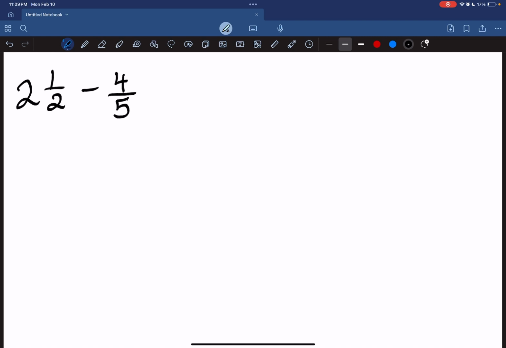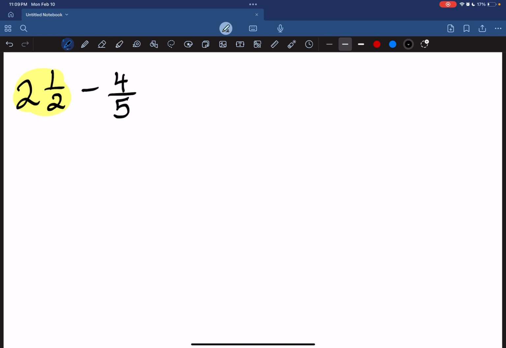If you realize clearly, I have a mixed number and a proper fraction. What I need to do is change our mixed number. Any mixed number that you see, change it to an improper fraction. And if you watched the previous video, we already know how to change it to an improper fraction.